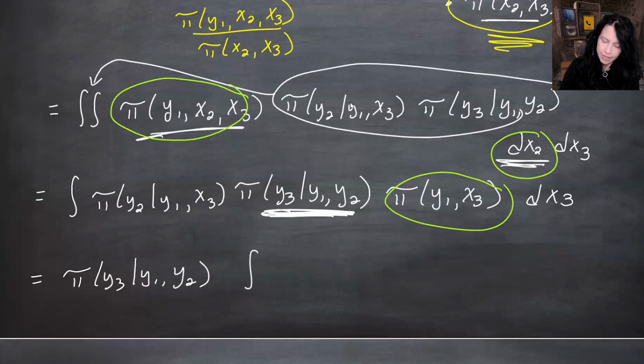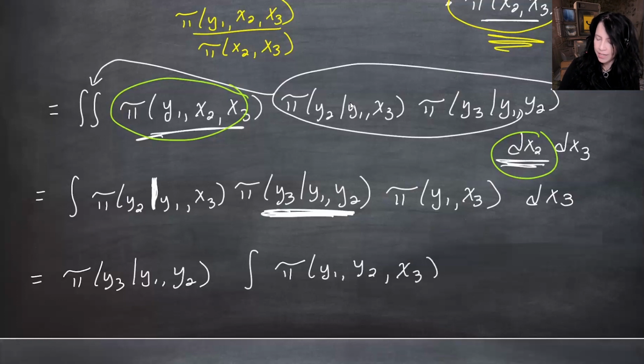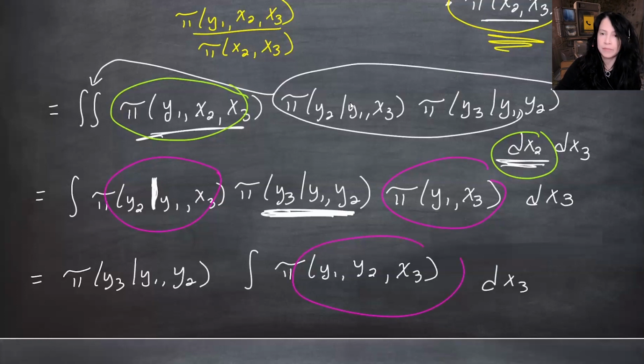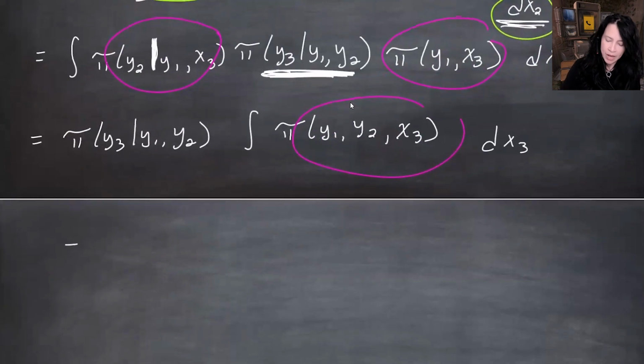And what's left? I've got this conditional density times this density. And if you write out this conditional density, it's a three-way intersection divided by this one. That's going to be pi of y1, y2, x3. I get that from this and this, dx3. And if I integrate out x3, that'll give me the marginal pi y1, y2.